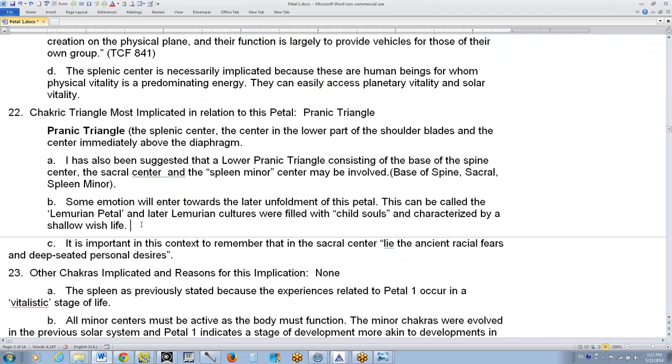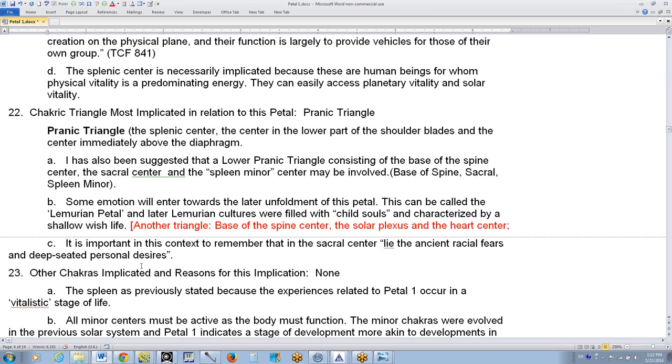When emotion comes in, another triangle will emerge. And it is the base of spine center, the solar plexus center, and the heart center. And that is man controlled from the emotional plane. At least some of this triangle is being activated.